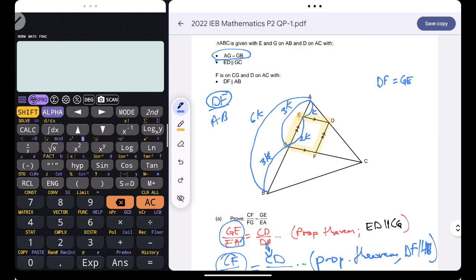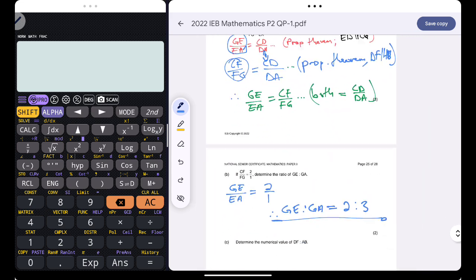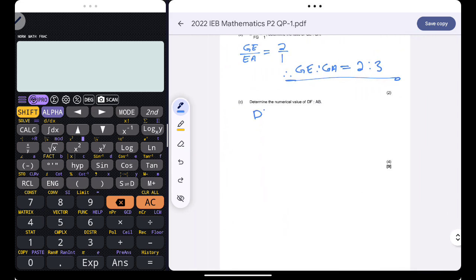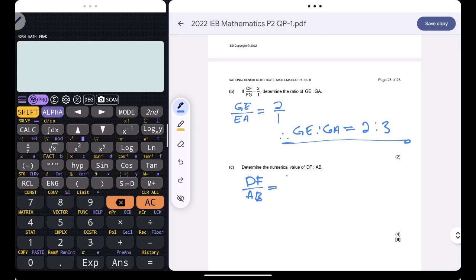So I can therefore say that the ratio of df all over AB is equal to the ratio of GE all over 2 times AG.